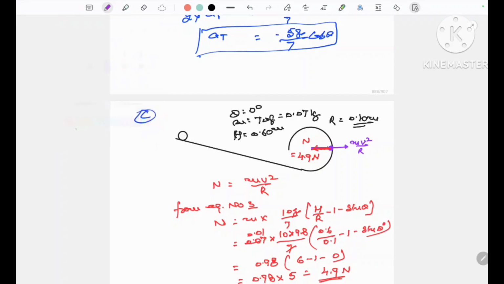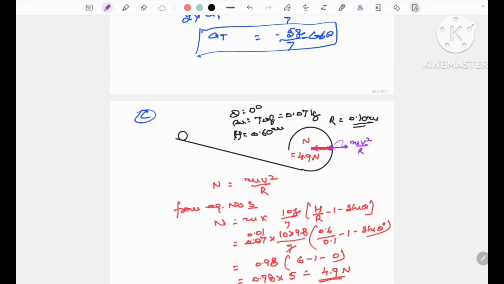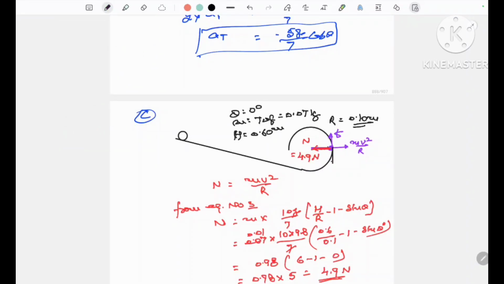Frictional force. यहाँ पर frictional force will be in upward direction, small f, इसका weight will act downward और इसमें acceleration is in downward direction, that is it.